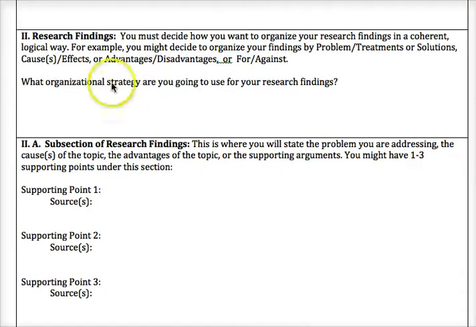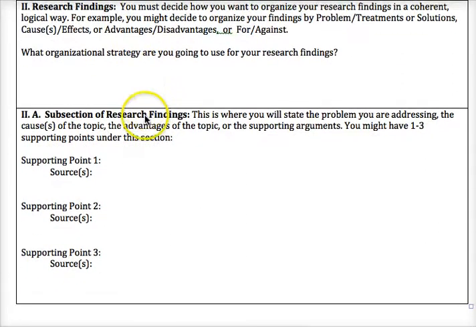So those are just some ideas for you to structure your research findings as a two-sided argument. So it might be an issue, for or against, or advantages, disadvantages. So these are just some of the ways that you can structure your research findings.